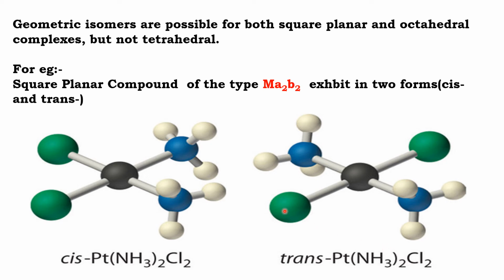In these two isomers, the metal-ligand bonding is the same. The metal is bonded to 2A and 2B. That means these two are not structural isomers, but their spatial arrangement, the placing of ligands around the central metal atom, is different. So Ma2B2 can exhibit cis and trans isomers.